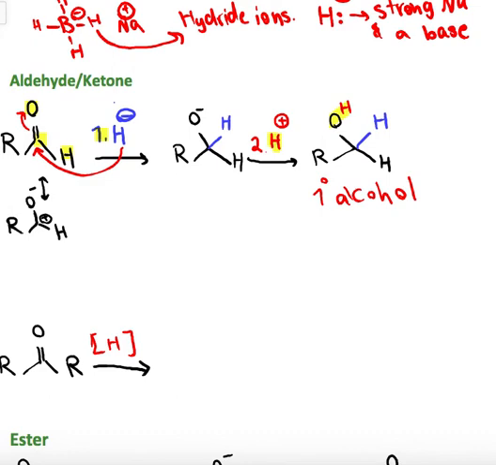Now, what do you think we'll get if we start with ketone? What type of alcohol do we get? Just take a few seconds or pause the video and draw the mechanism to see if you can come up with the product.